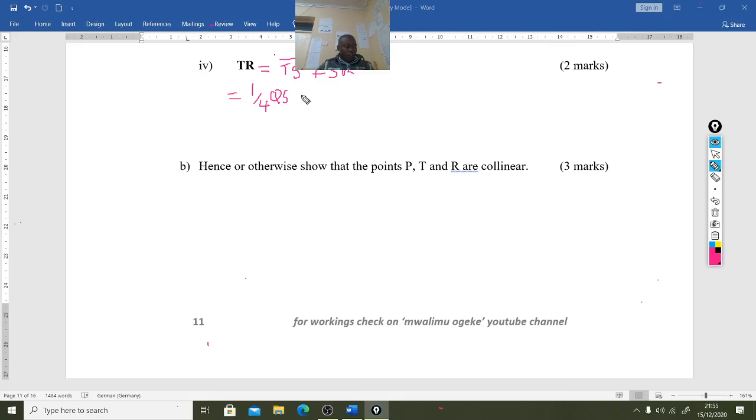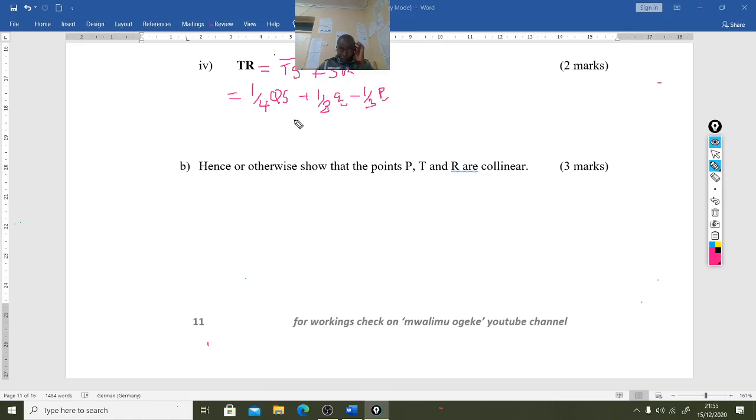We have found SR from above. SR we found it to be a third Q factor minus a third P factor. That was our first.